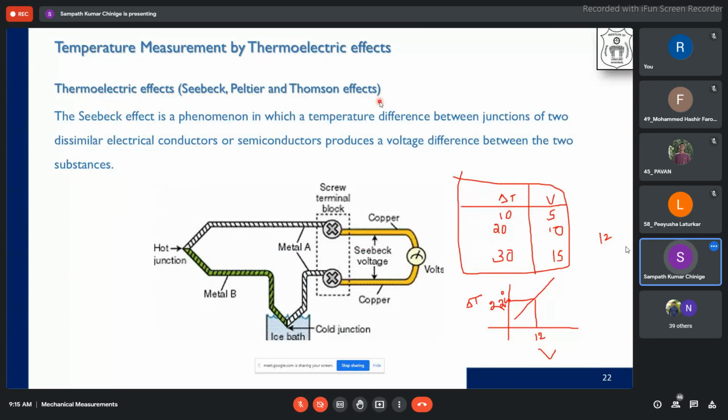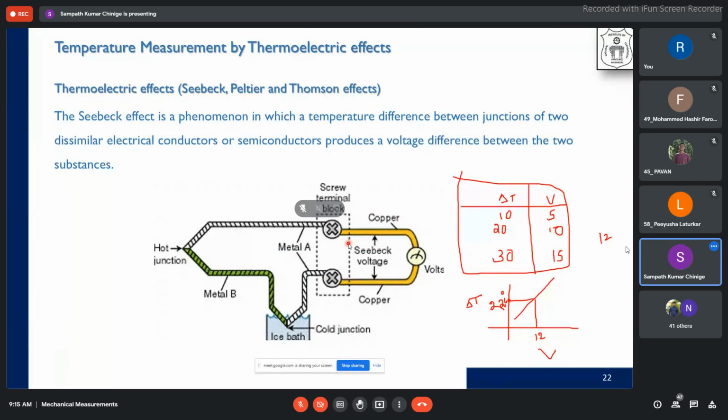Okay, so now we can understand that in a thermocouple circuit, we don't want to have electric current passing through it. Therefore the effects of Peltier and Thomson are being negated. If they are there, then whatever we are getting from the thermocouple circuit is an erroneous value.